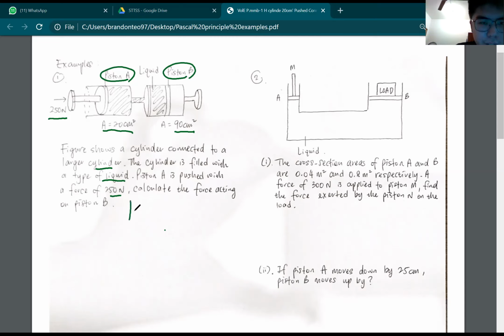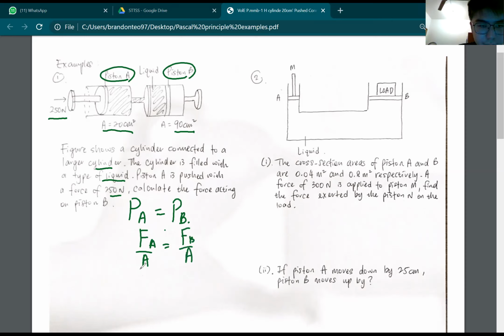Since you know that pressure at A must be equal to pressure at B. Why? Because of Pascal, right? The pressure is transmitted uniformly in an enclosed liquid. Now, PA equals PB, so you have FA over area equals FB over area.